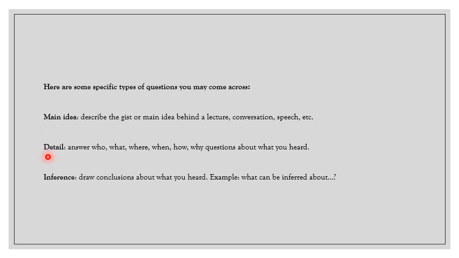Okay, now detailed questions, you answer who, what, where, when, how, and why questions about what you hear. So if you remember, we discussed listening for specific information and listening in detail.